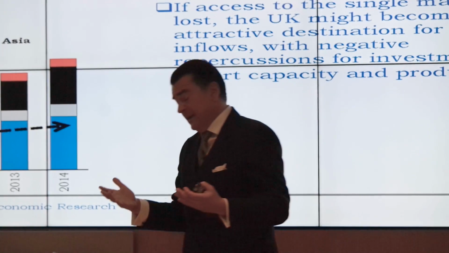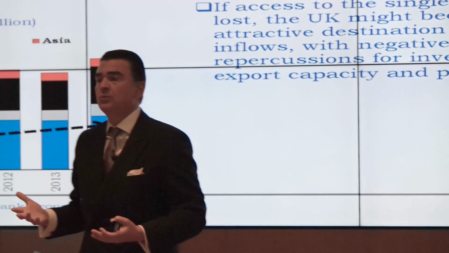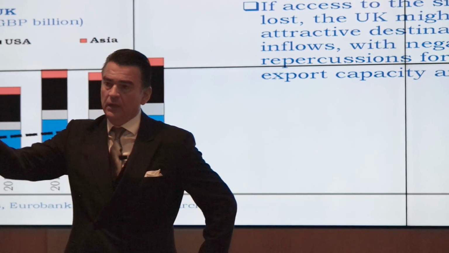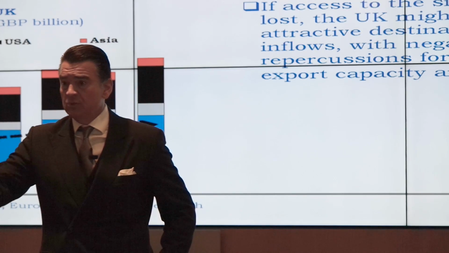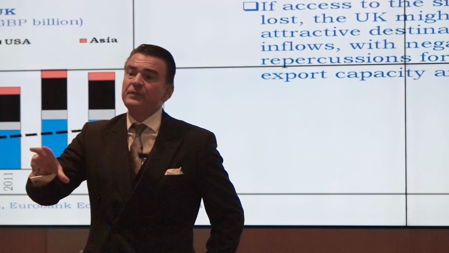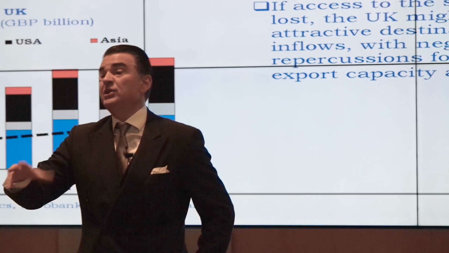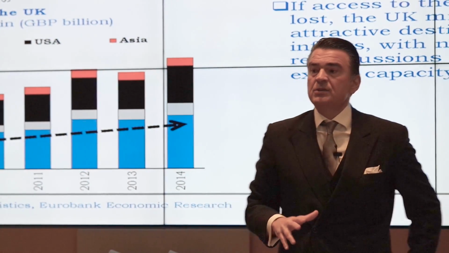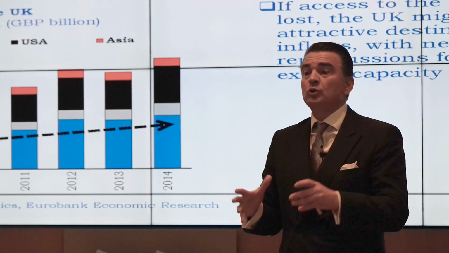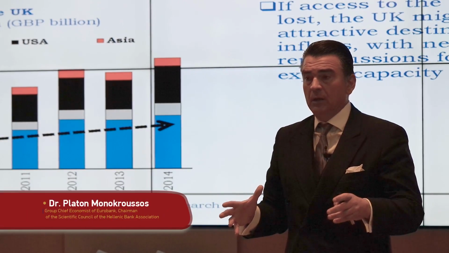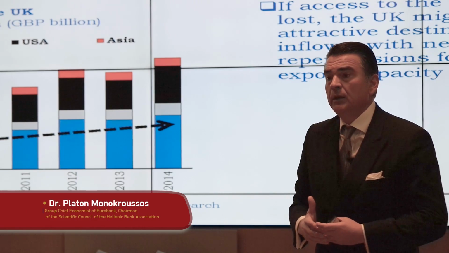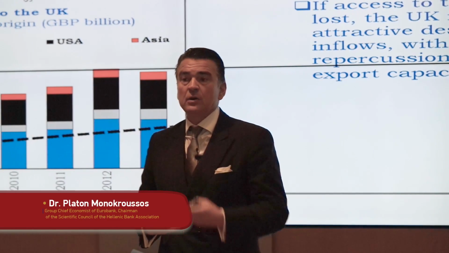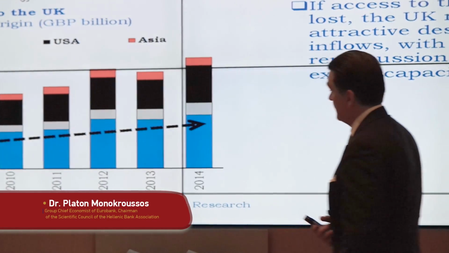It has attracted huge volumes of FDI. Around 50% of intra-European FDI goes to the United Kingdom. Of course, a part of this development relates to EU membership, and a part relates to very low regulatory burdens in the UK, and of course, a very strong institutional and regulatory framework, as was mentioned by the previous speakers.